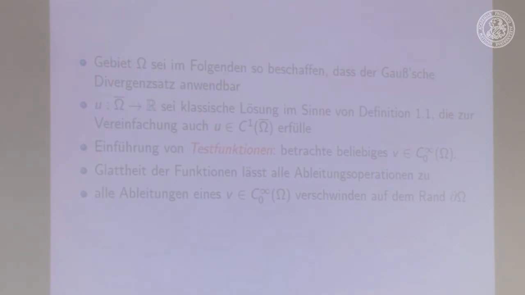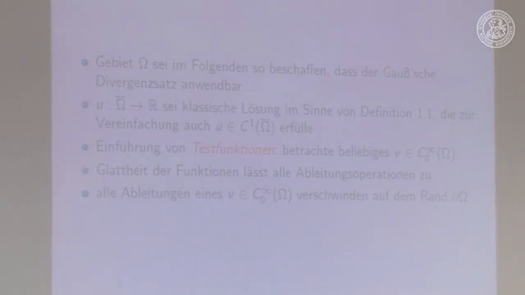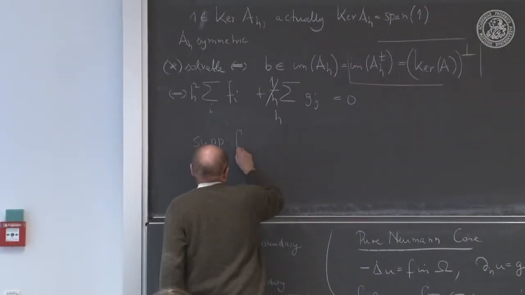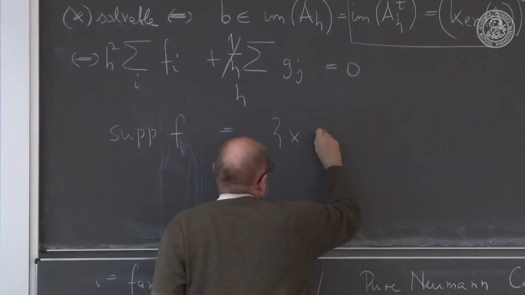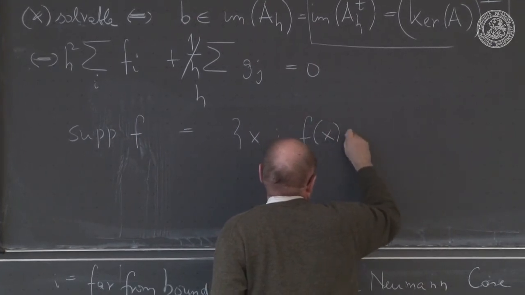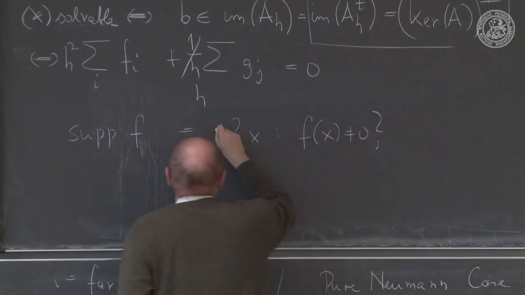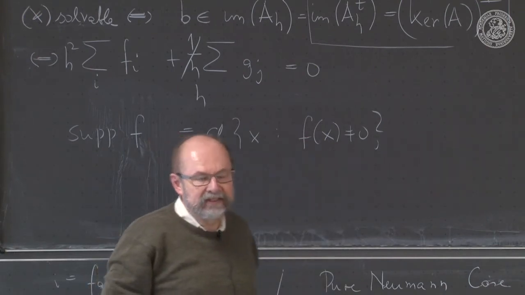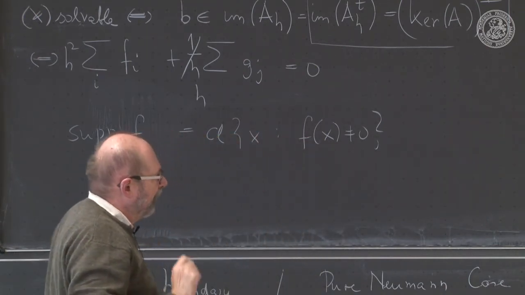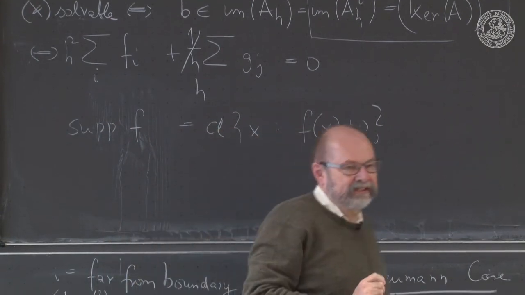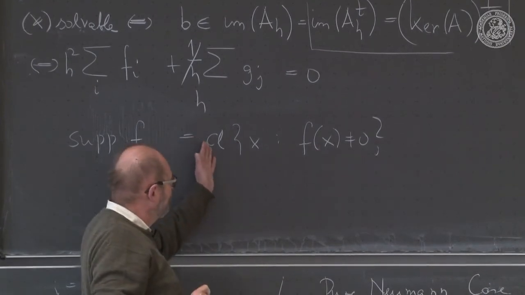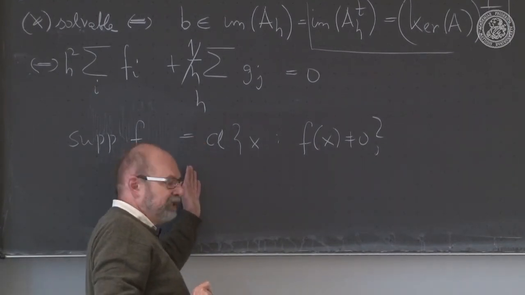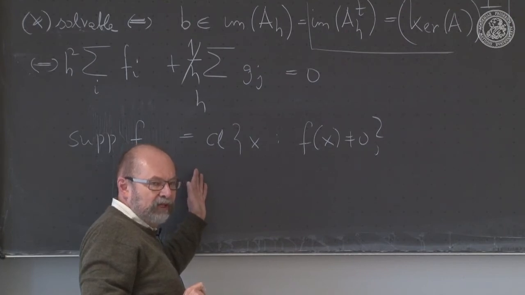So maybe you don't know what the support of a function is. For a function f defined in Rn, I take those points at which the function is not equal to 0, and from this set I take the closure. That is the support of the function. And having compact support means this set is compactly embedded in the domain, and the domain is always open.